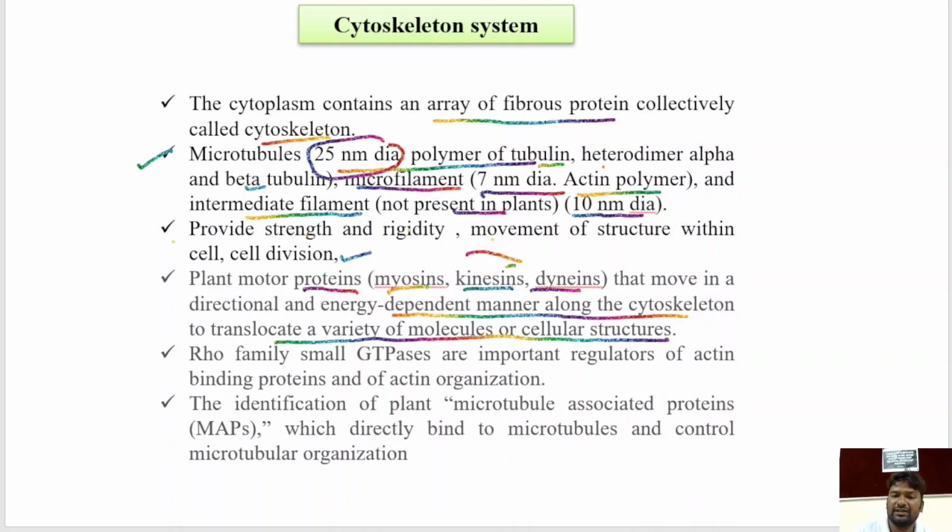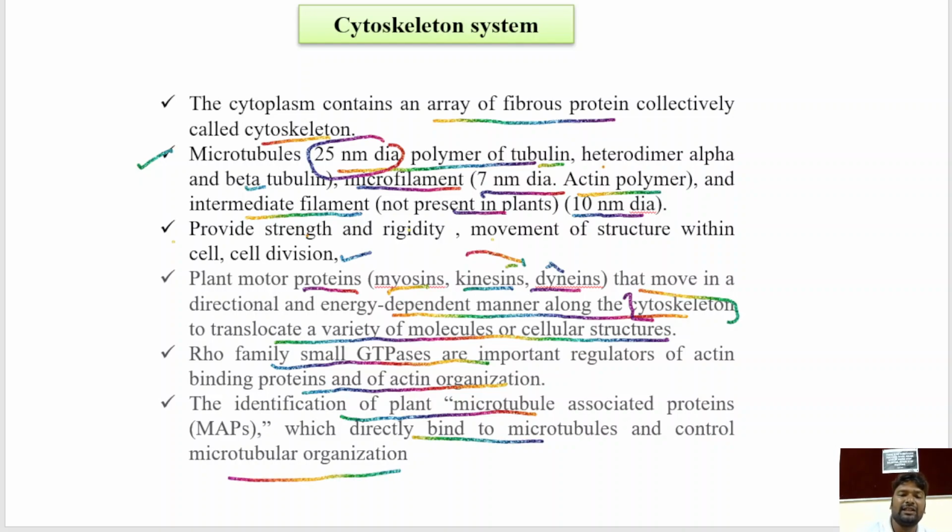So these proteins act with the cytoskeleton proteins. Rho family small GTPases are important regulators of actin-binding proteins and actin organization. Plant microtubule-associated proteins, MAPs, directly bind to microtubules and control microtubule organization. This cytoskeleton is important for the movement of the cells.